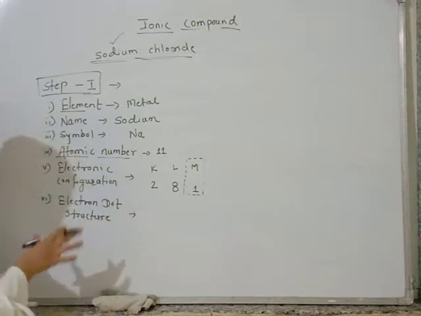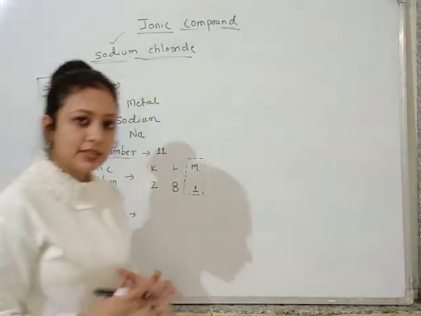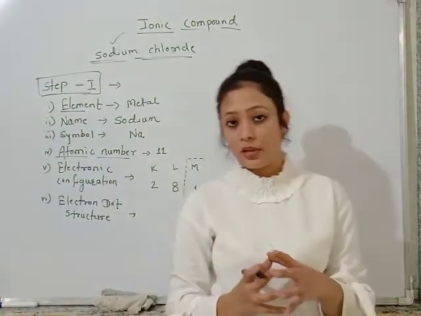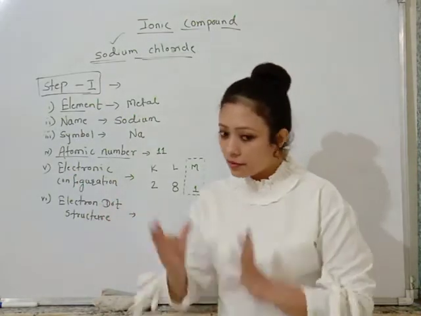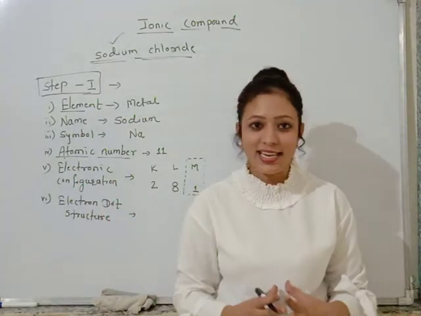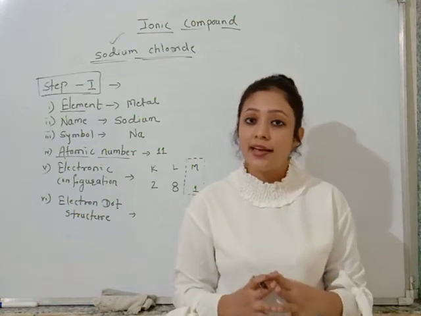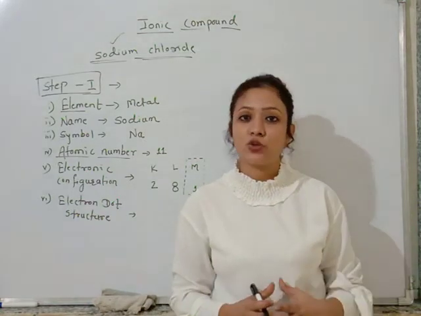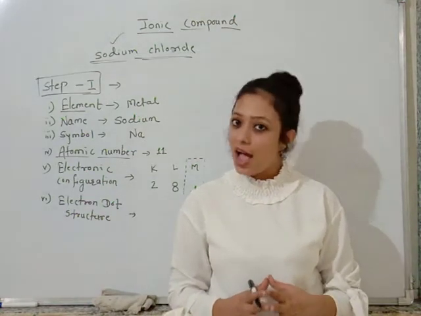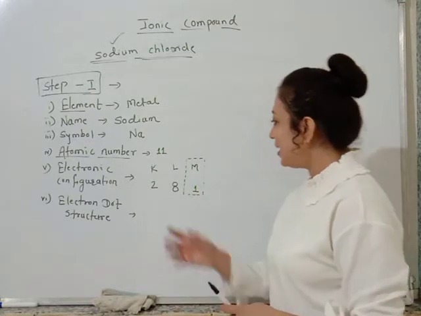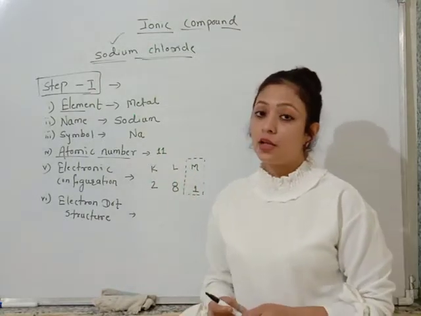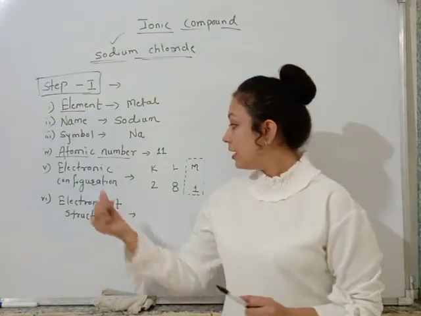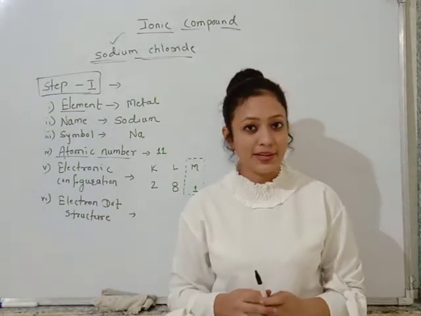Okay children, now how to write the electron dot structure? In the electron dot structure of any element, we write the outermost electrons present in that particular atom. For example, here is sodium.